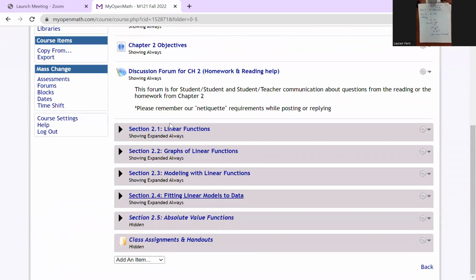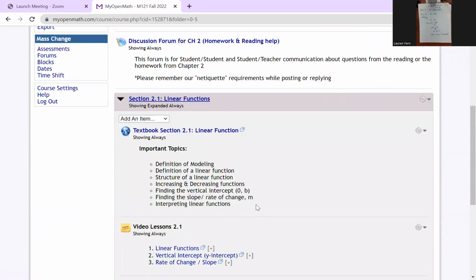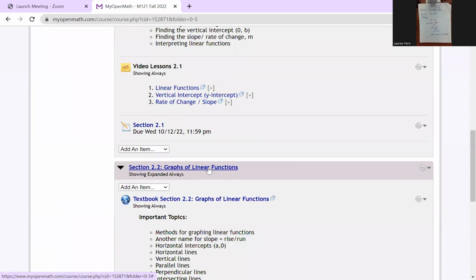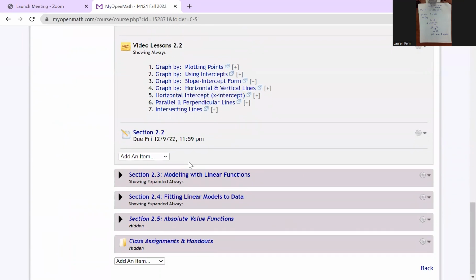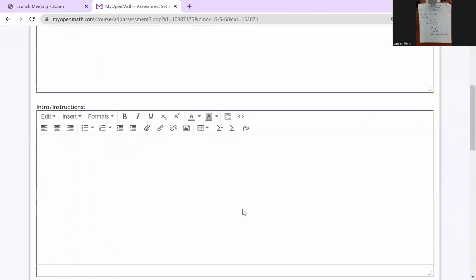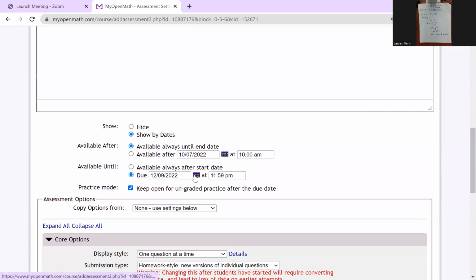So 2.1, hopefully you're all aware, is due next Wednesday by midnight. 2.2 is going to be due next Friday by midnight.